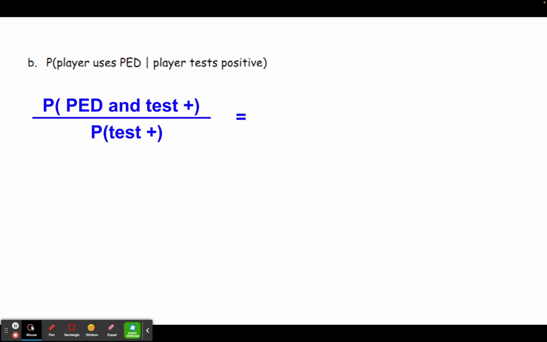Well, use performance-enhancing drugs and test positive is one of the branches in our tree diagram that we calculated. That's the top branch of 0.0495. The denominator is what we calculated in part A. That's the 0.078. And so if we divide those, that will give us an overall probability of 0.6346.